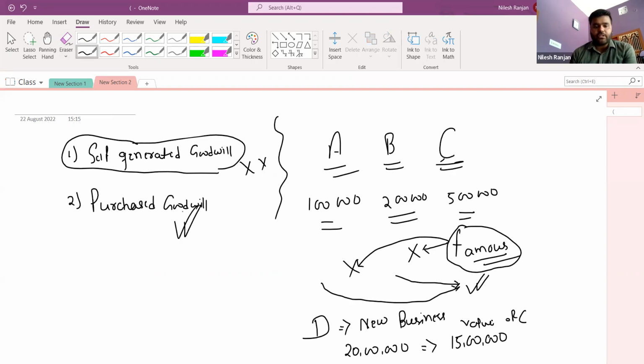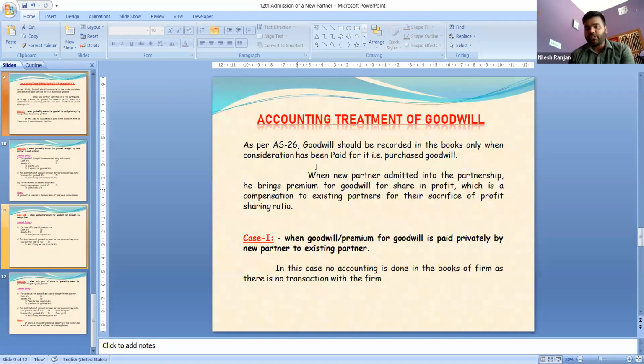Now I have written here that as per AS 26, goodwill should be recorded in the books only when consideration has been paid for it, that is purchased goodwill. So we cannot record the self-generated goodwill.